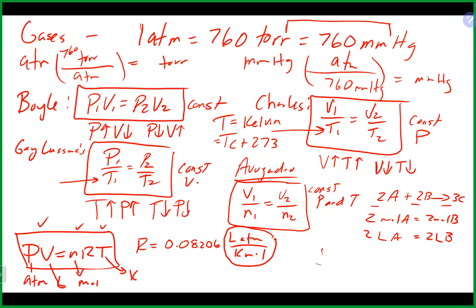We also talked about STP, which is standard temperature and pressure. That is basically a temperature of 273 Kelvin and a pressure of 1 atmosphere. We also saw a relationship that you can use under STP conditions, which can allow you not to have to use the ideal gas law.